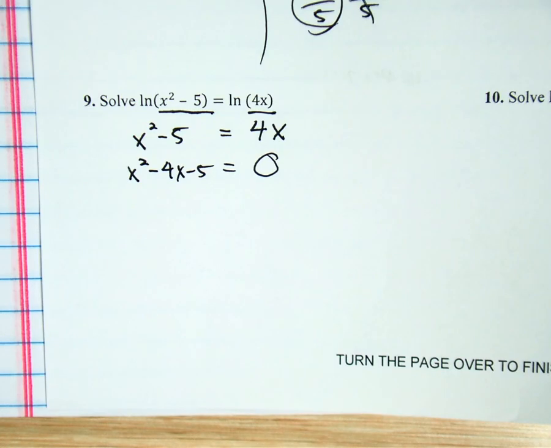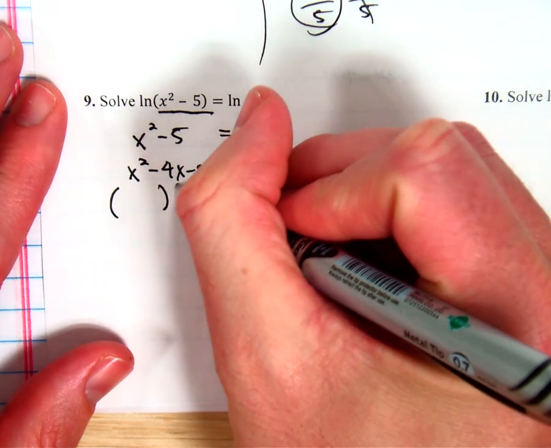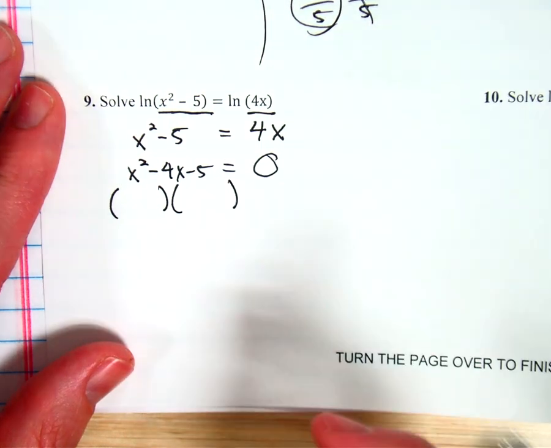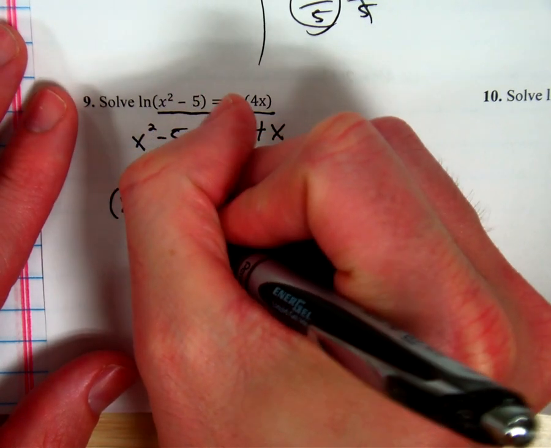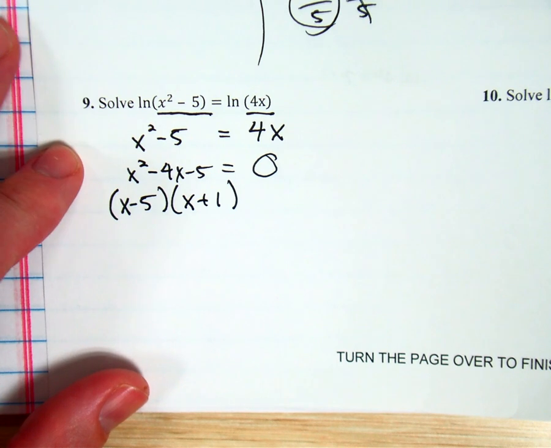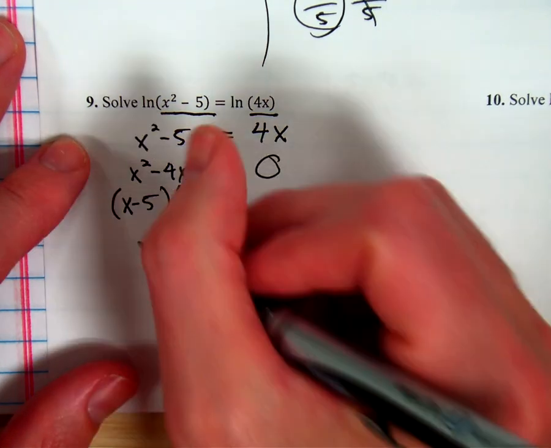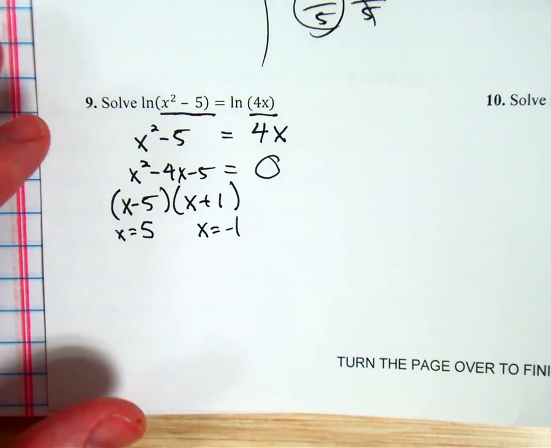We've been doing a lot of factoring lately, so hopefully we can factor these without having to do the magic x. Not a big deal if you still need to, but what multiplies to negative 5 and adds to negative 4? X minus 5 and x plus 1, which makes our answers positive 5 and negative 1.